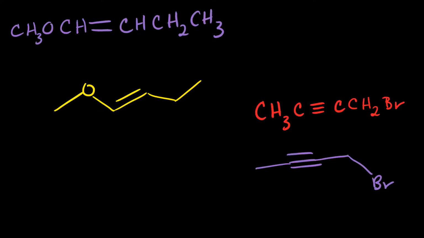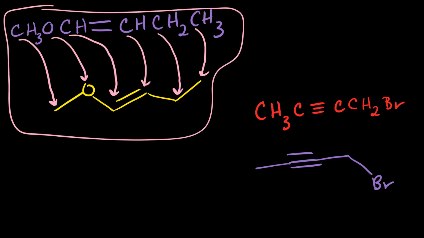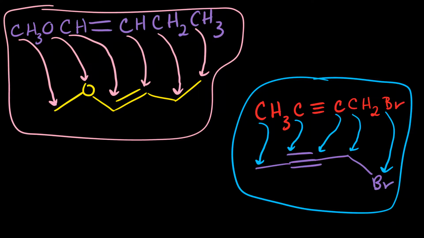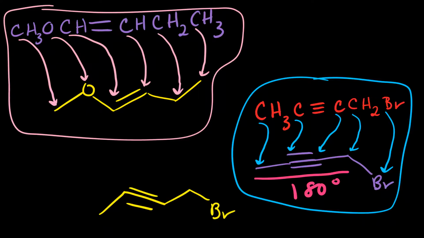Multiple bonds are drawn into the skeletal structure, as seen in yellow with the double bond and in purple with the triple bond. If you do need to incorporate a triple bond into a skeletal structure, make sure that you draw it at 180 degrees, since we know that that is the bond angle for sp carbons. Don't get into the habit of drawing bent-looking triple bonds.